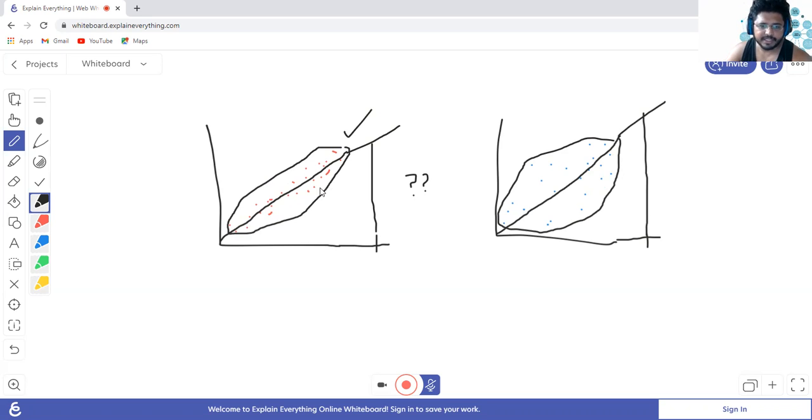Both have a best fit line, but this one gives low confidence, whereas this one gives high confidence. How can we statistically measure this and tell that my best fit line is really high confidence or not?